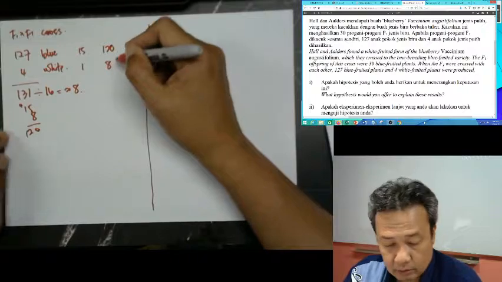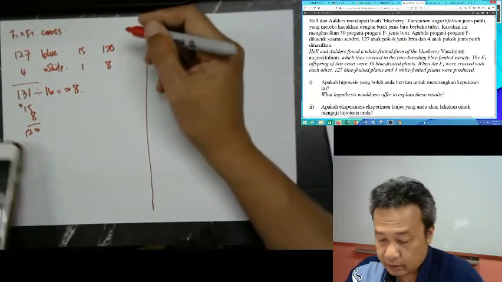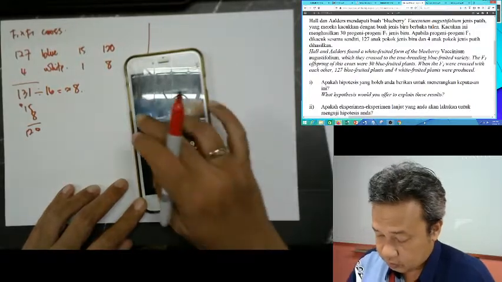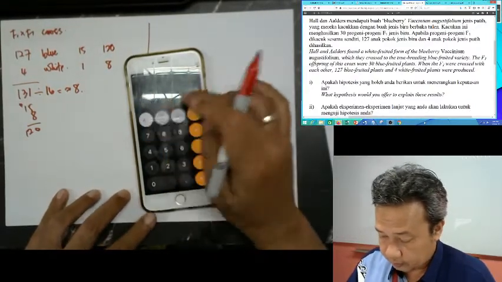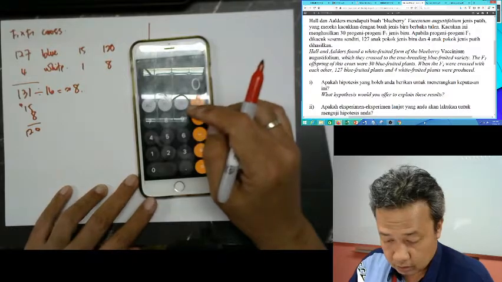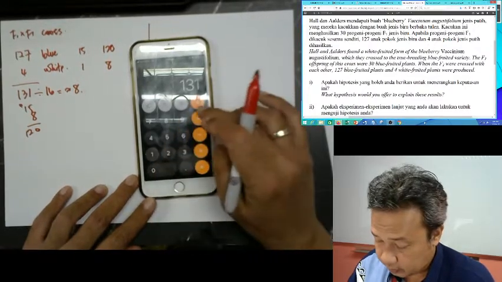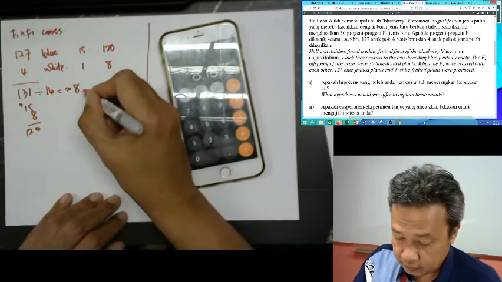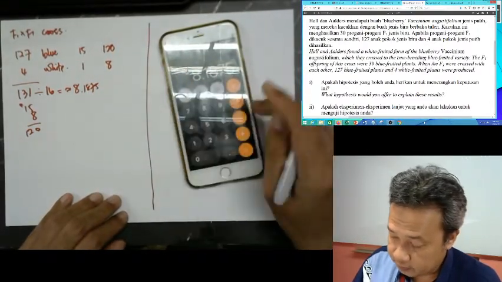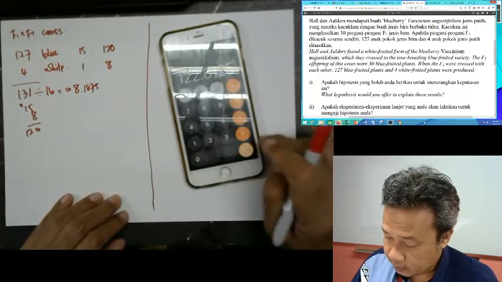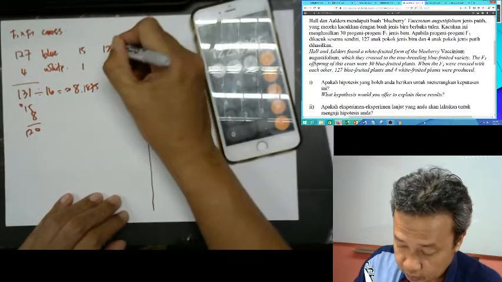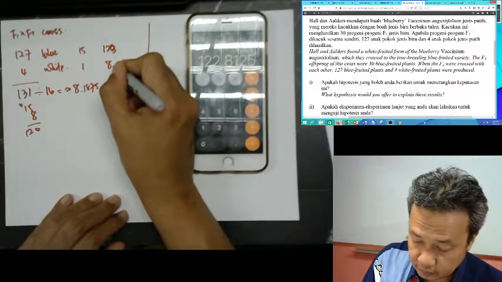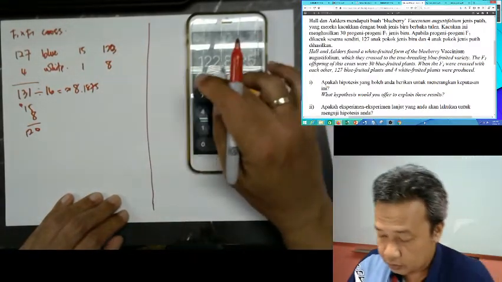All right, let's just use the calculator. Can you see my calculator? So 131 divided by 16 is 8.1875, times 15 is 122.8.